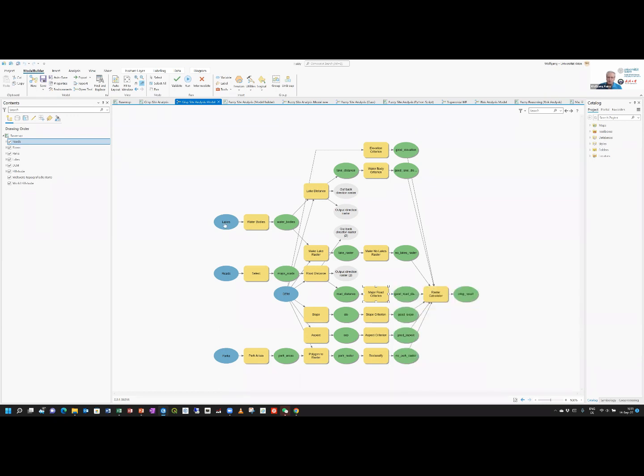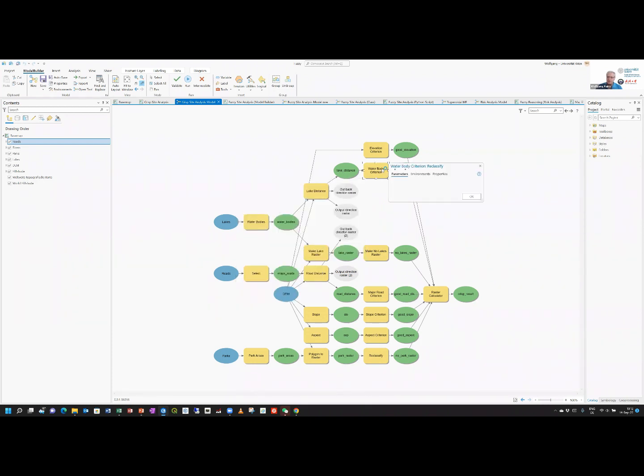And the same we can do with the lakes, the water bodies. So what we do is we are selecting our water bodies like lakes or ponds and reservoirs. Then we again calculate a distance raster, meaning creating a raster where every raster cell indicates the distance from the water body.